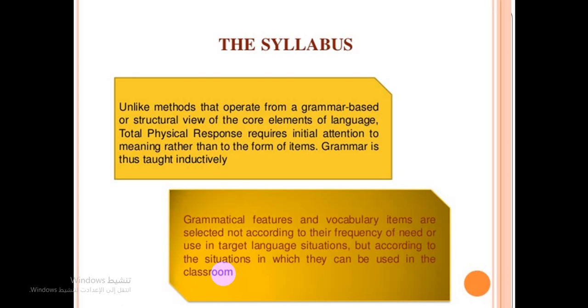What is the type of the syllabus according to the total physical response method? In this method, the syllabus is predictable from the exercises used in the class: a sentence-based syllabus with grammatical and lexical criteria being primary in selecting teaching items.